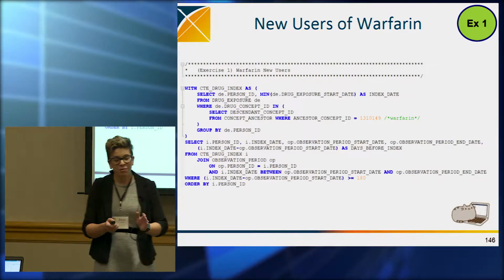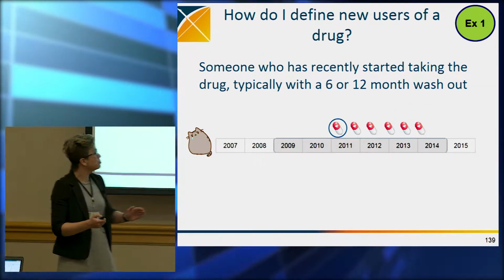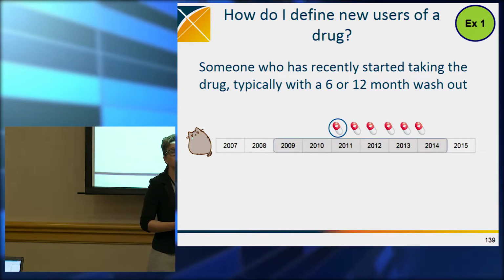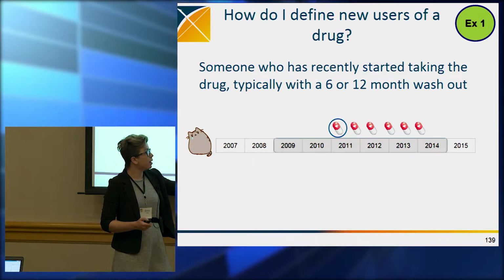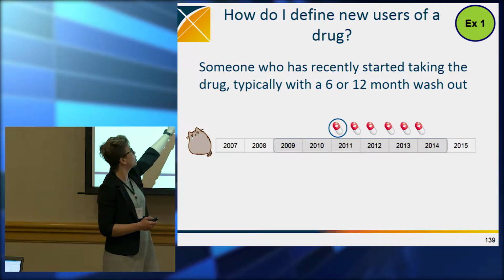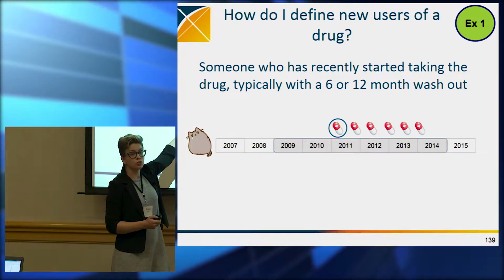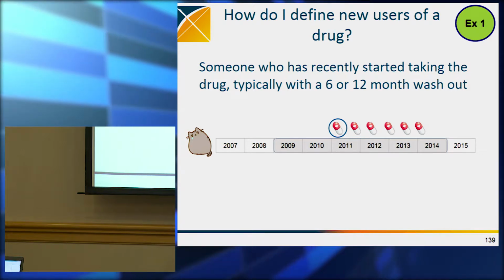The observation period table tells you what time you have for your patient. In this case, the observation period for this patient is going to go from January 1st, 2009 to December 31st, 2014.